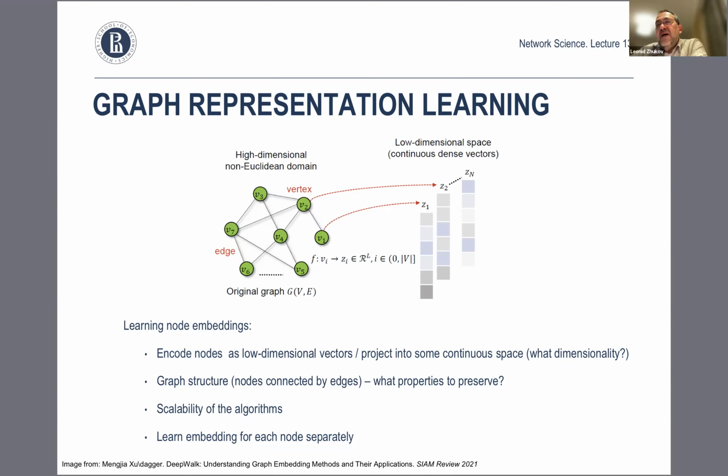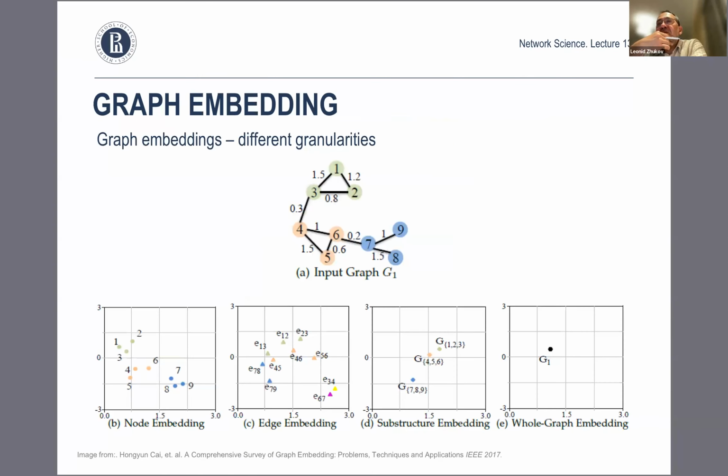So we're going to talk about those algorithms, graph embeddings or graph representation learning, and we're going to think about embedding each node separately. So each vertex, each node of the graph will get its own vector in this representation.